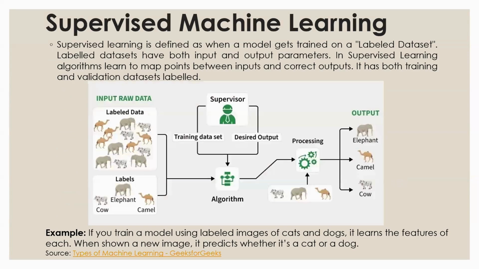Now, there are three types of machine learning. One is supervised machine learning, in which we provide input raw data which is labeled. As you can see, like we just discussed, elephant, camel, cow are all labeled. The test and the training data are both labeled, right?